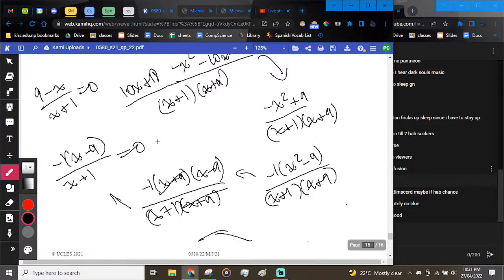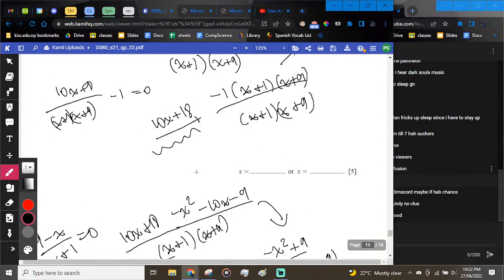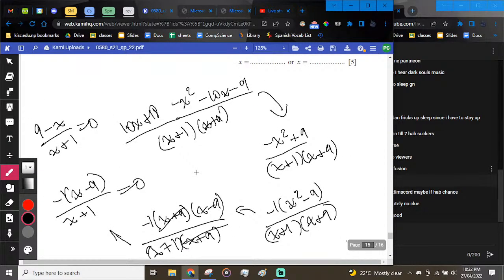There are two solutions to this. This is not in a standard equation form, and I don't like that.